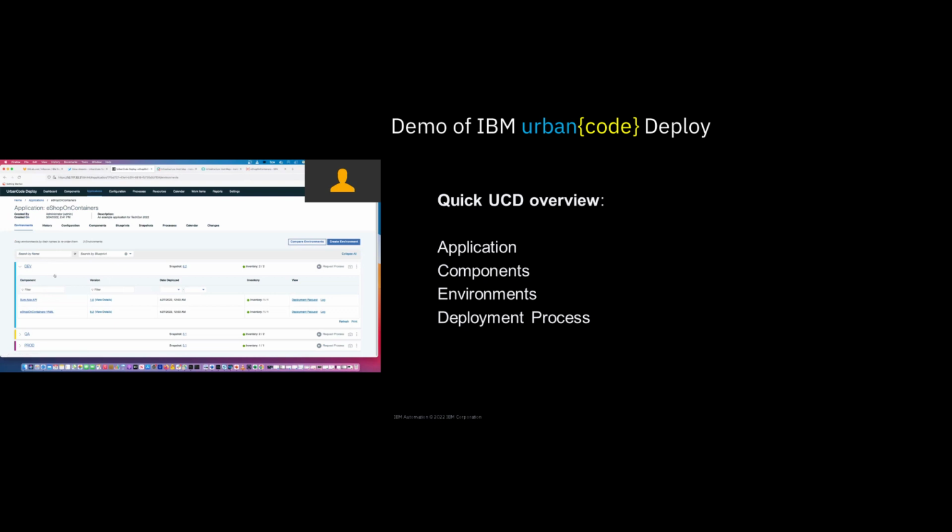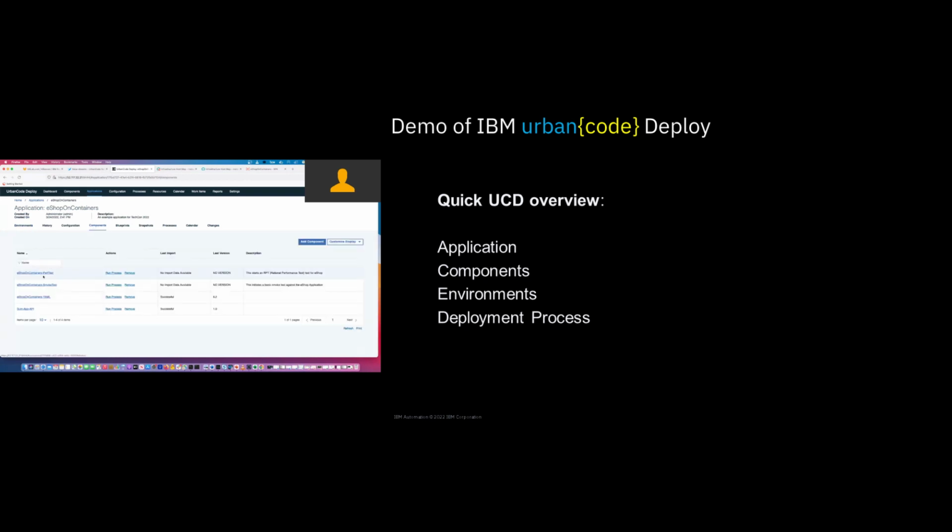One thing that's great about UrbanCode Deploy is it tracks inventory of what versions are deployed where. It also has a really nice feature that allows you to create snapshots of these versions. Once you know that these work well together, you can create a snapshot and then promote that snapshot to the next environment.